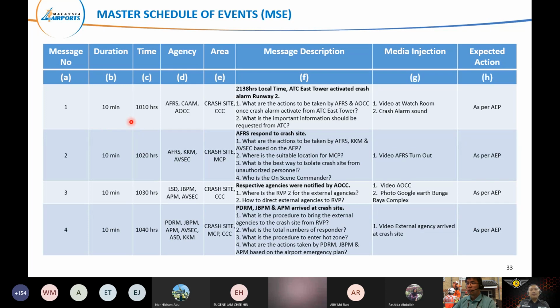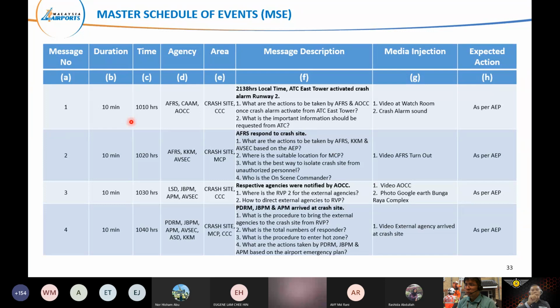Before we do some shooting of the video, before we prepare the slide presentation, normally we will sit down together and craft, in easy words, this MSE is a storyboard.